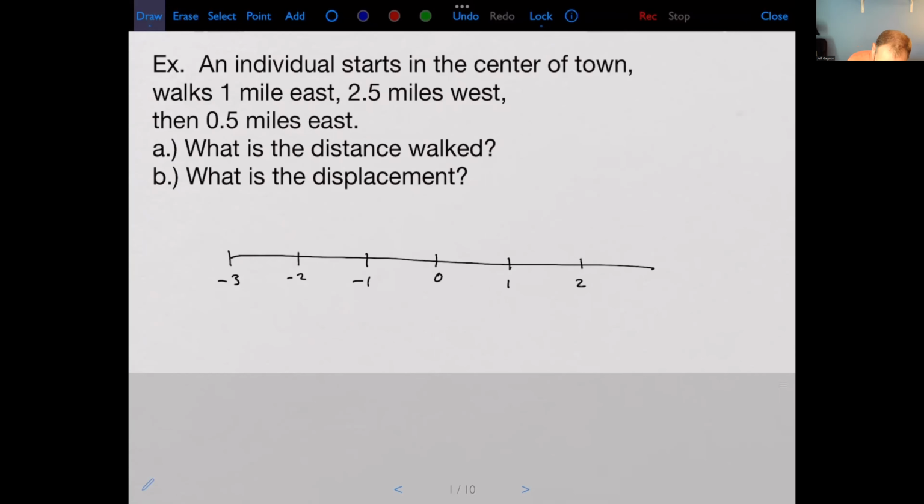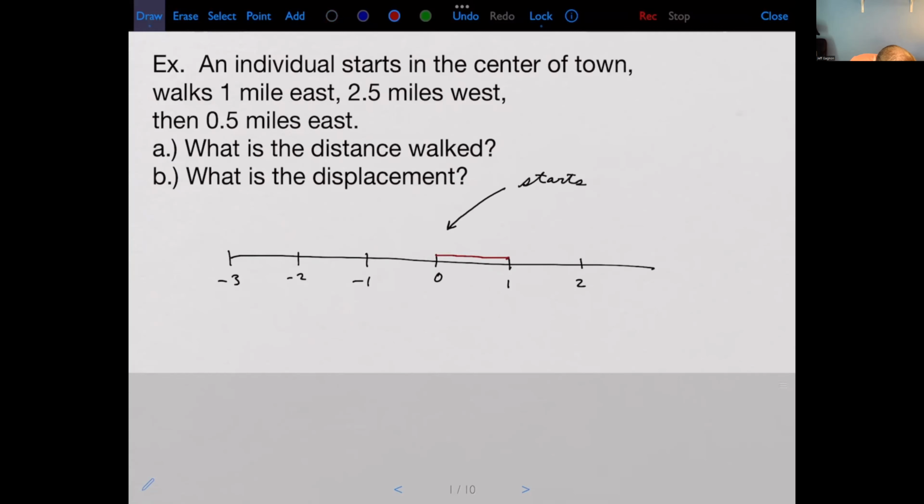Okay, so the individual starts at 0, the center of the town here. They move, let's say, 1 mile east. It's hard to draw it right on top of it, but I'll just draw it next to it. So 1 mile east. And then they're going to move 2.5 miles west.